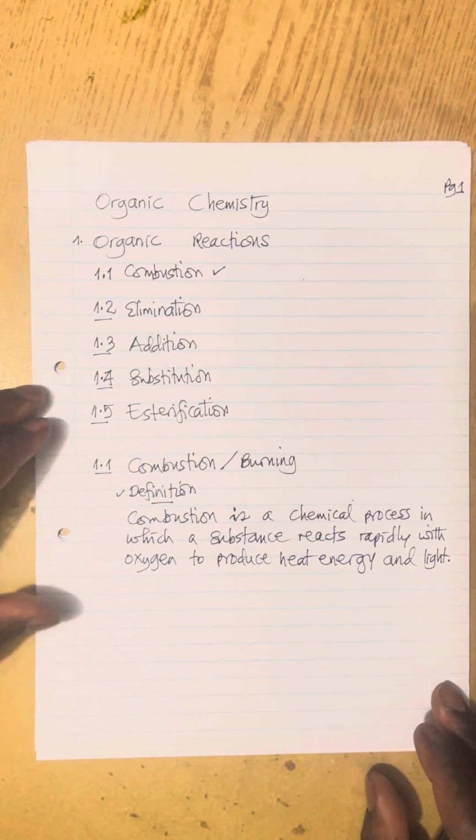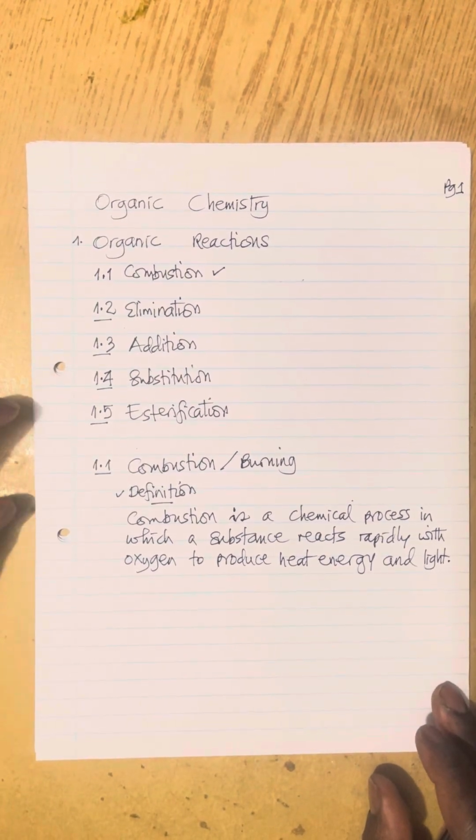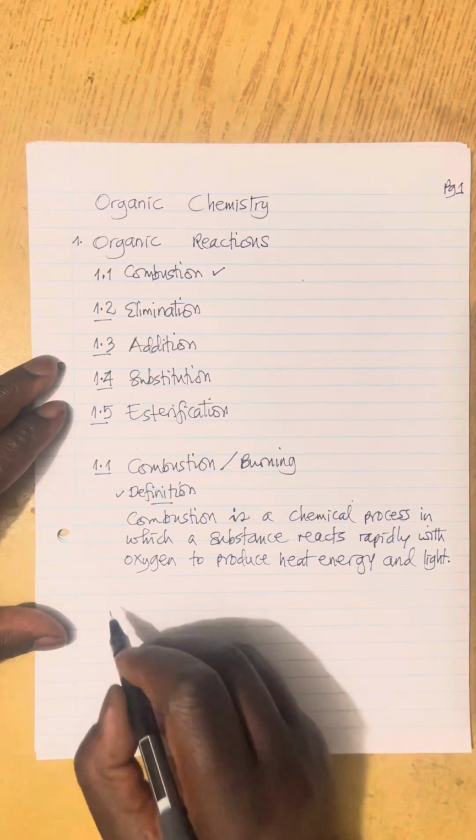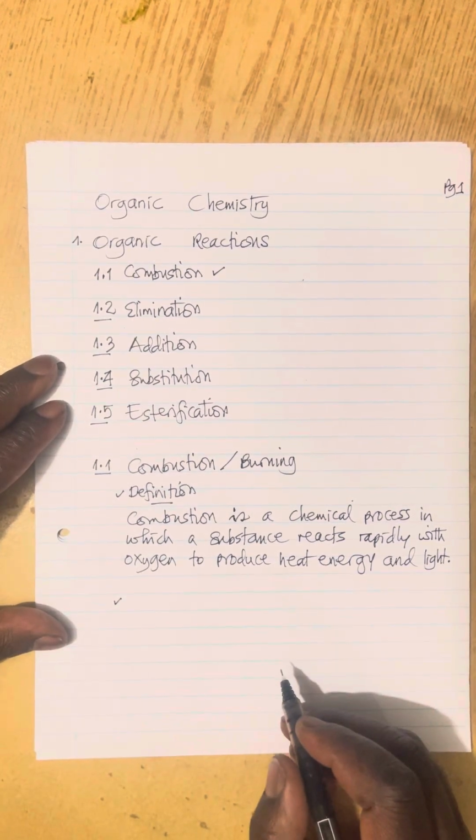So combustion is defined as a chemical process in which a substance reacts rapidly with oxygen to produce heat energy and light. So we have 2 types of combustion.